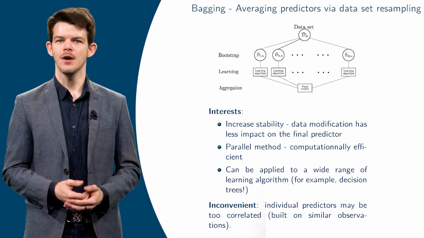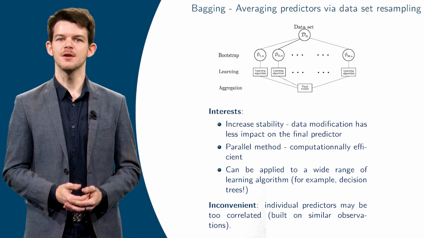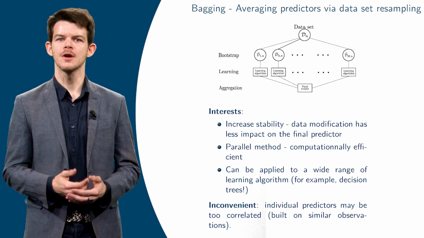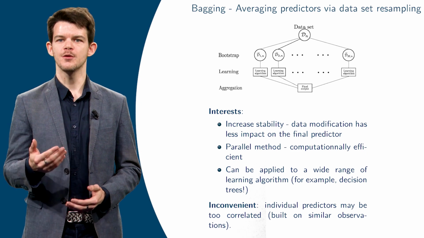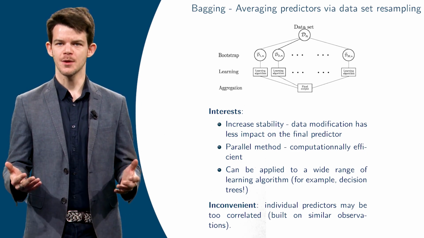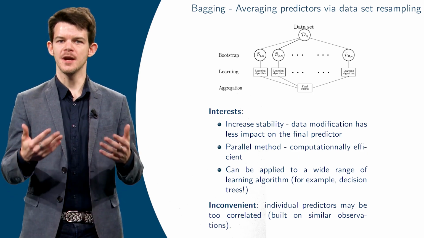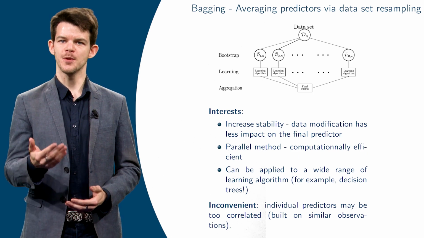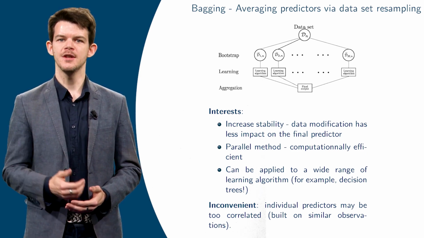The stability or variance reduction effect of bagging results from the averaging effect, and this effect is reduced when the different predictions are close to each other. We would therefore prefer to have individual estimators that are quite different from each other in order to improve the overall stability of the aggregation within the bagging procedure. Such a property is obtained via the second ingredient of random forests, the randomization of cuts.